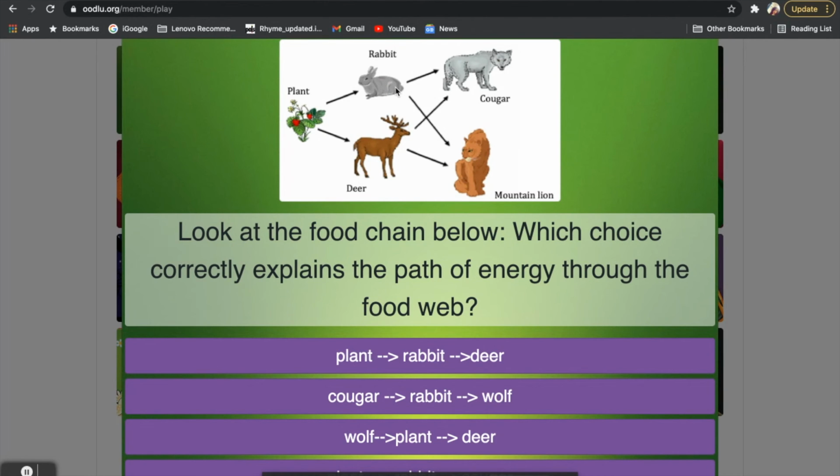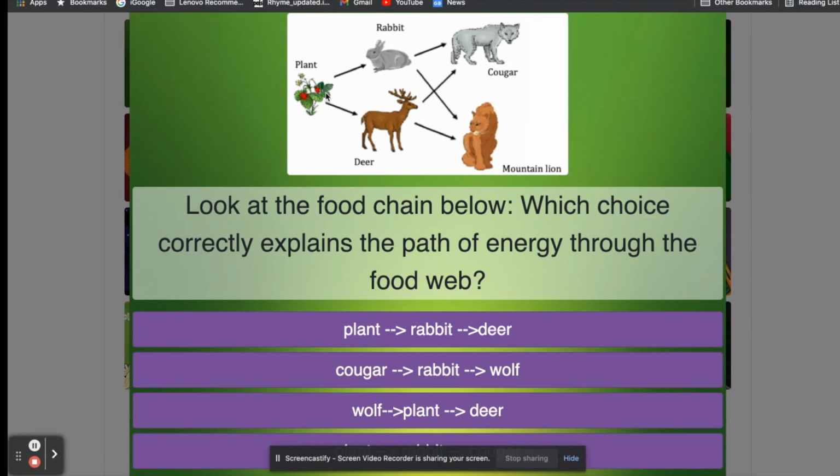And then we also have another arrow pointing to the mountain lion. So that is how the energy transfers from the plant, rabbit, into the cougar and mountain lion. But the plant can also be eaten by a deer. If a deer eats a plant, a deer can also be eaten by a cougar and a mountain lion.